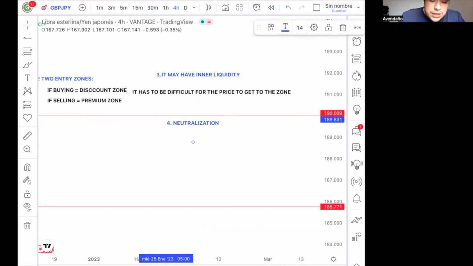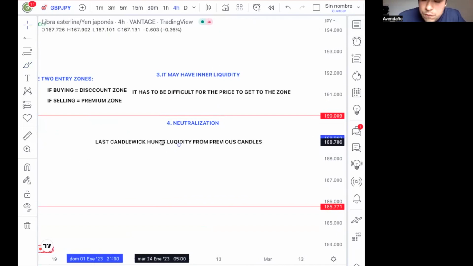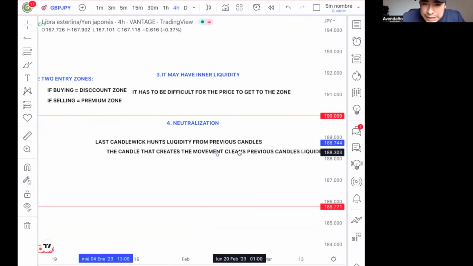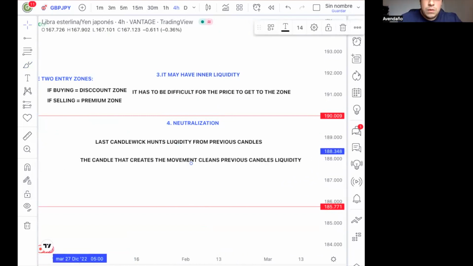The neutralization is that the last candle wick hunts the liquidity from the previous candles. This means that the candle that creates the movement cleans the previous candles' liquidity. If we are buying, we will be looking for it in the lower point.